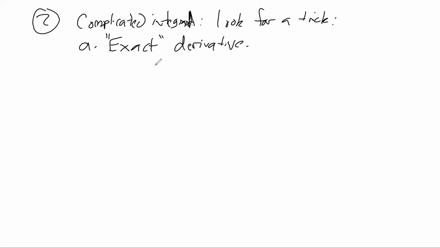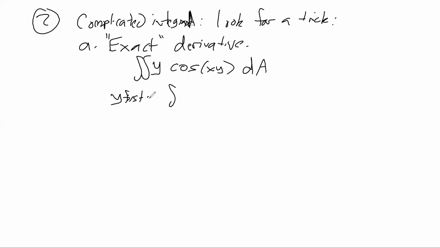Like, for example, if we have something really nasty, like cosine of xy, that could get kind of messy if you start to try to do the y integral. So for example, if we try y first, if we try doing y cosine xy dy, and whatever the y range is, then this requires integration by parts to do.